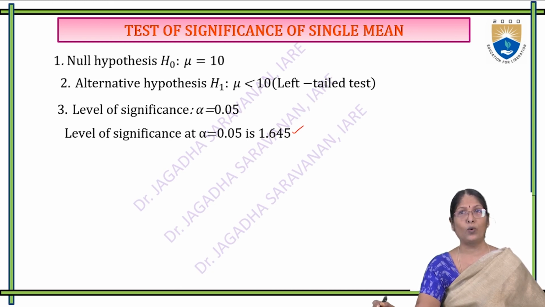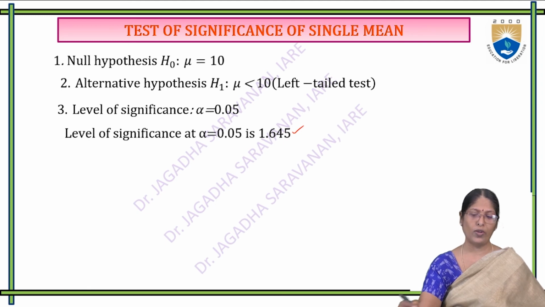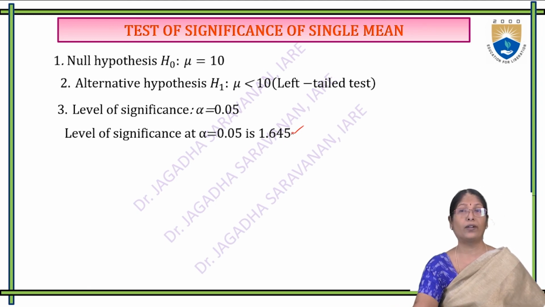The minus sign is only for the normal curve, to show which direction we have to move, which side under the normal curve is shaded. So in this particular case, the shaded part is on the left side, which denotes the negative sign, but we will always take the area value as positive, 1.645.